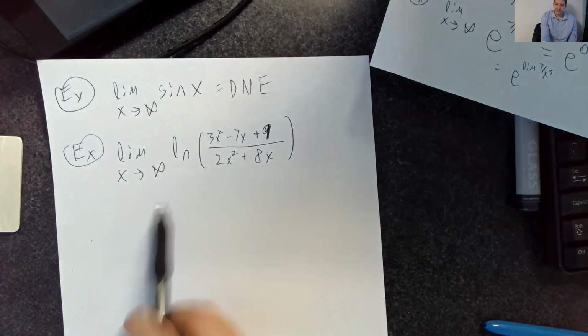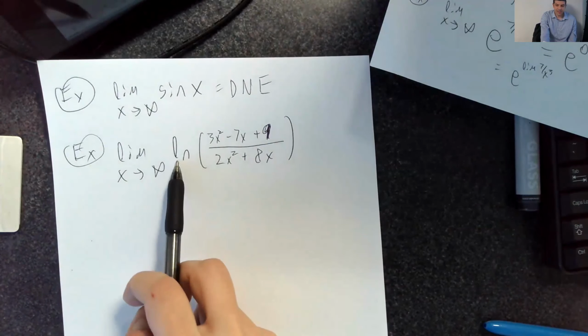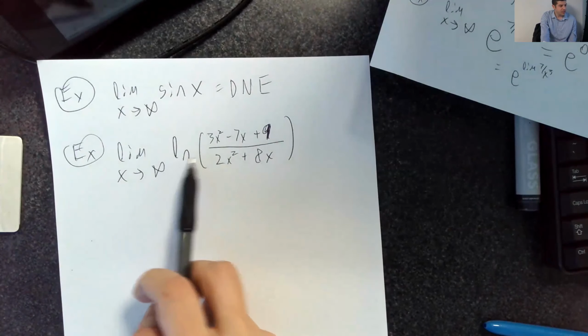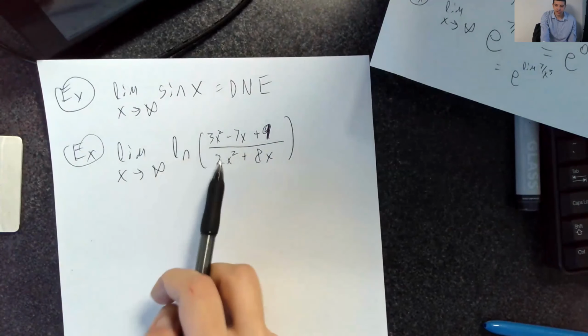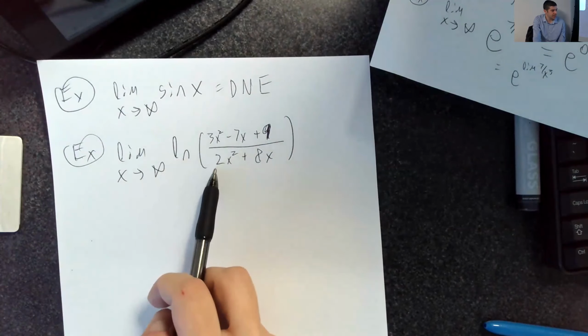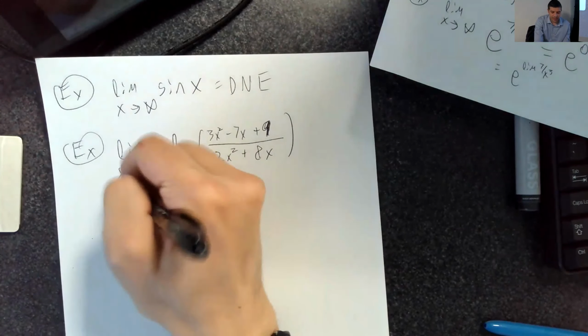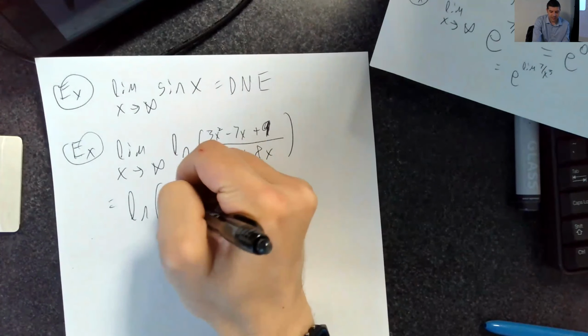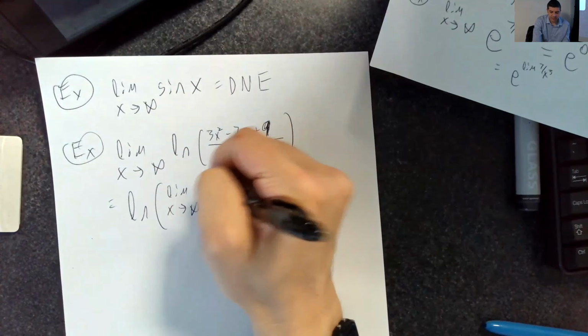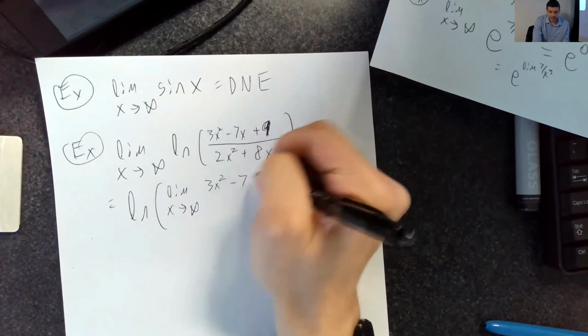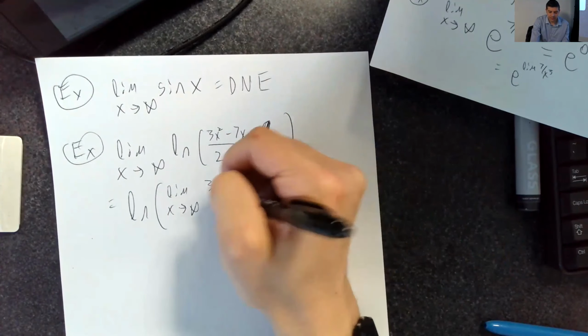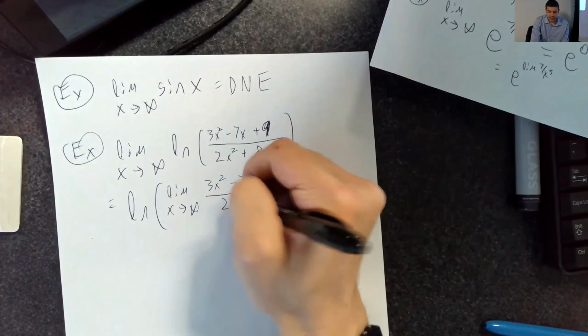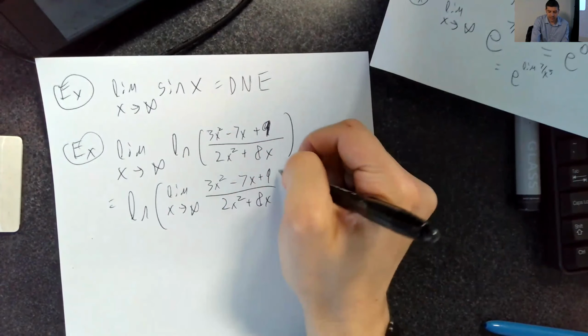So again, similar thing. ln is a continuous function. So I'm dealing with the composition. I'm allowed to do just the limit and put it on the inside. So I could keep the ln on the outside, and I could just do my limit on the inside. 3x squared minus 7x plus 9 over 2x squared plus 8x.